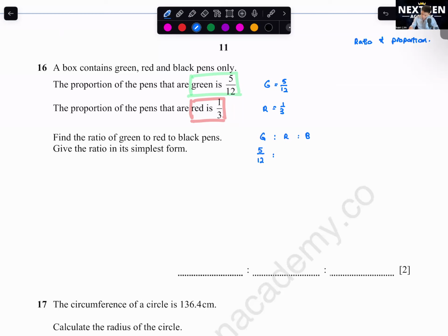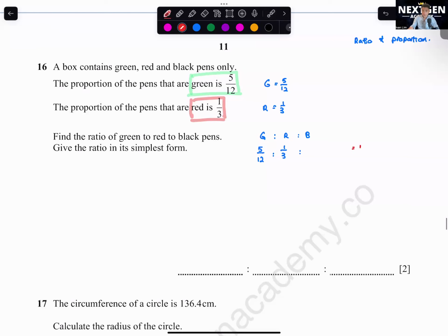Then 1 over 3. Okay, what is the black proportion first? So total proportion will always be equal to 1.